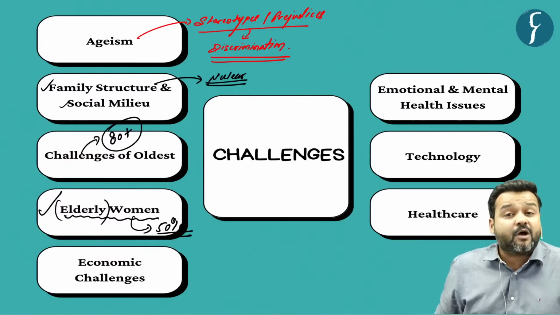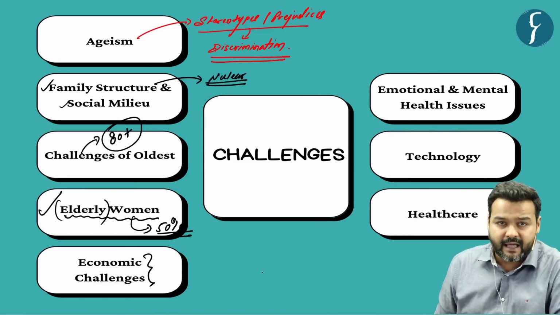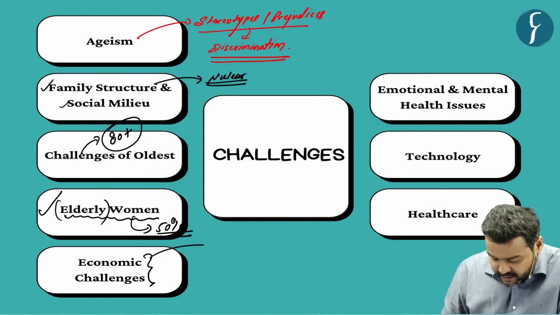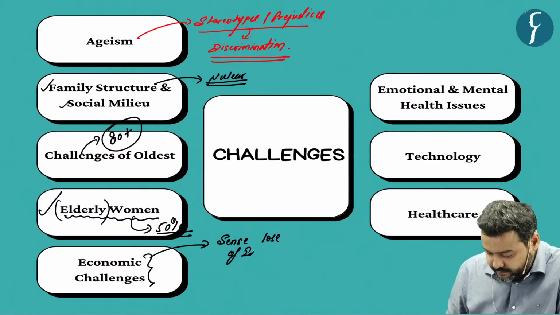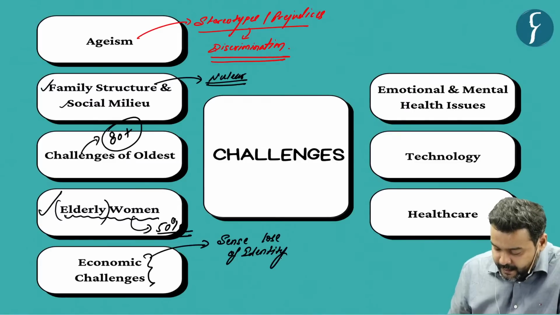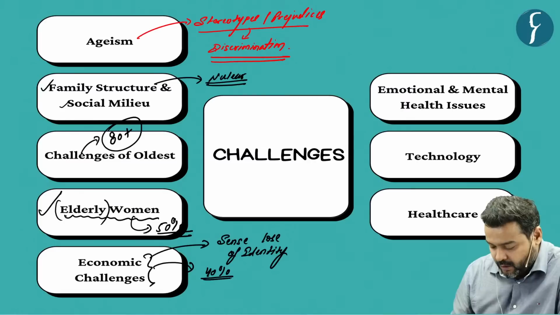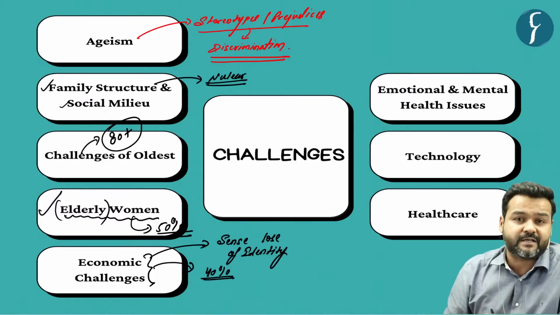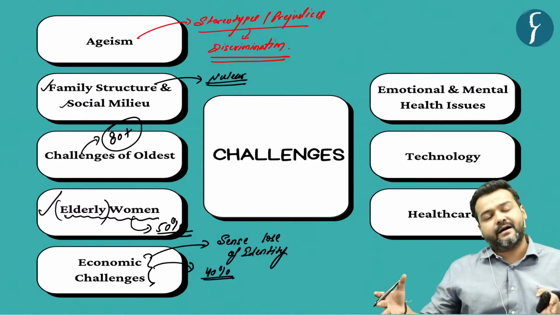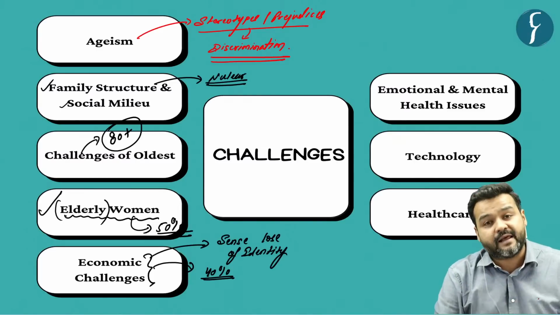Then comes the economic challenge. In India, the general retirement age is 60. This retirement gives a sense of loss of identity altogether for these elderly people. Now, as I told you, more than 40% of the elderly population forms the lowest quintile of the poor in India. So if 100 elderly are there, 40 belong to the below poverty line category.